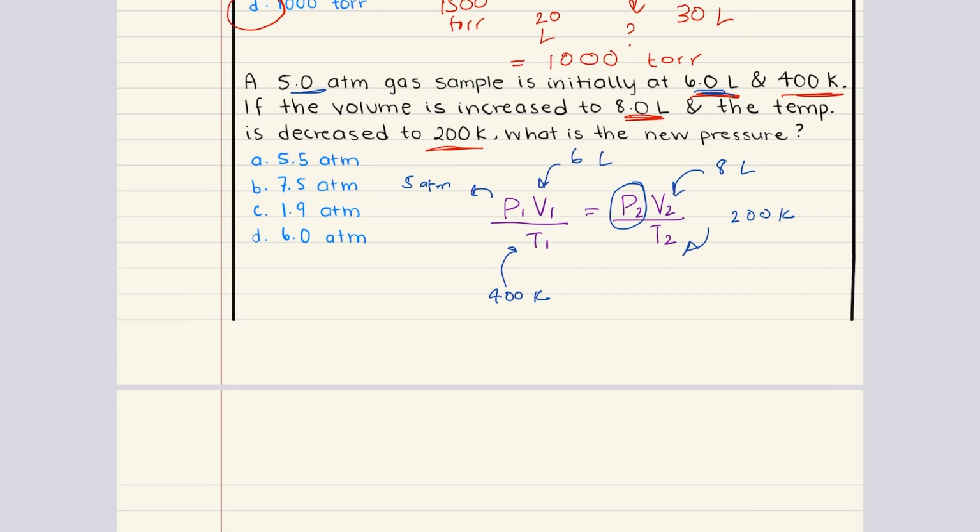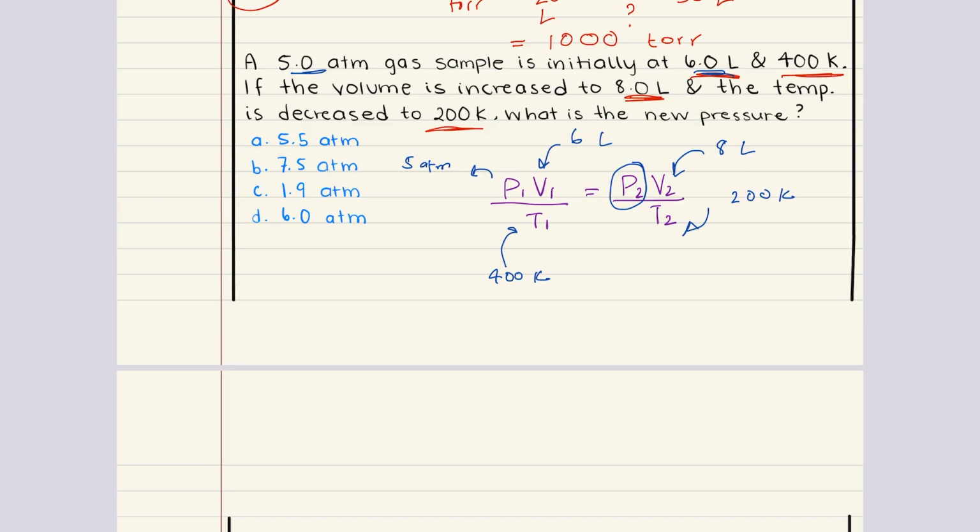So we're going to rearrange this equation to solve for P2. That means we're going to multiply both sides by T2 divided by V2. So that cancels out on this side, and now we get that P2 is equal to P1 V1 T2 divided by V2 T1. And now it's really just a matter of plugging in the values.